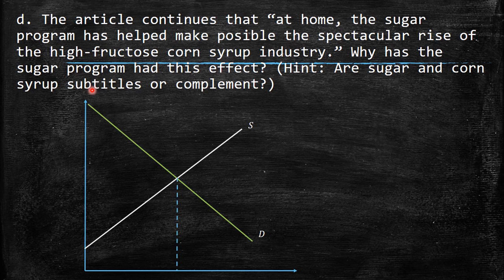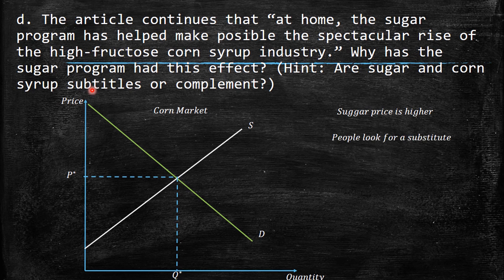So we have here the corn syrup industry, we have the supply and demand curves. So you have this one, the Q star and P star. This is the corn market. So given that the sugar price is higher, remember when there is a higher price for a substitute good, people start to look for a substitute because sugar is expensive, so demand changes to D prime.